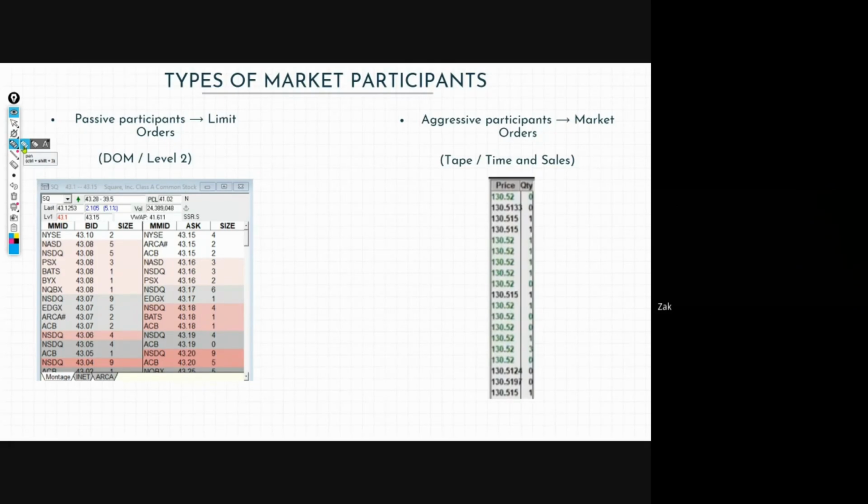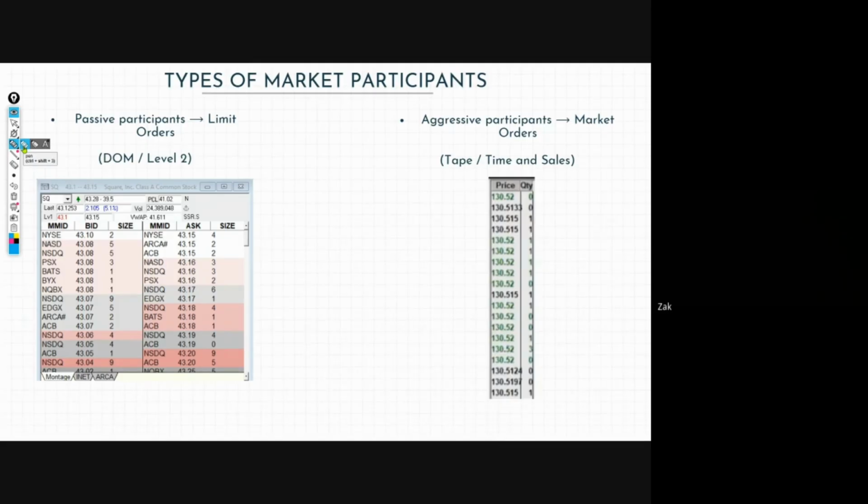Passive participants are people you see on the DOM, the depth of market, or the level 2. Think of someone stubborn, selling something, saying, I'm not going to sell this car unless I get $15,000 for it. Not a penny more, not a penny less. That's my limit order.